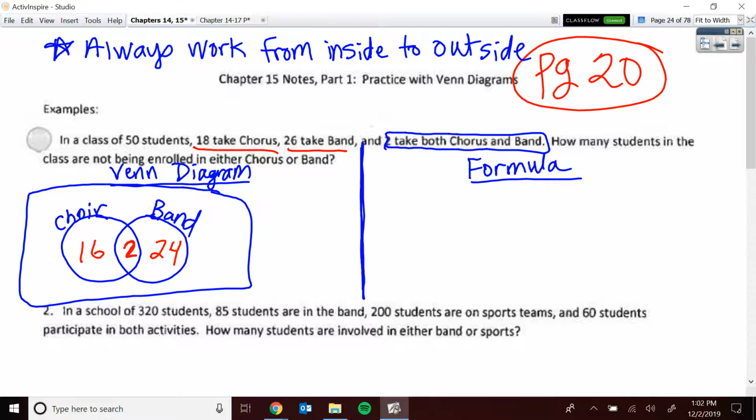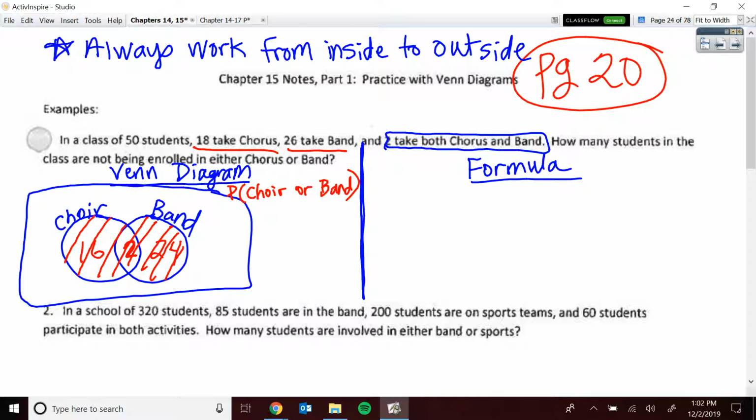So let's go ahead and take a look at probability of being in choir or band when we have a Venn diagram. So all of this part here is the choir or band section. So it's choir or band or both. Okay.